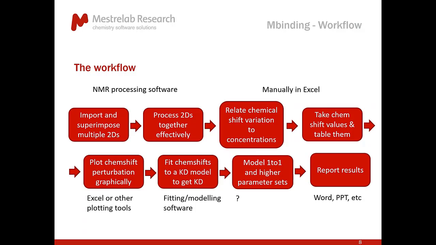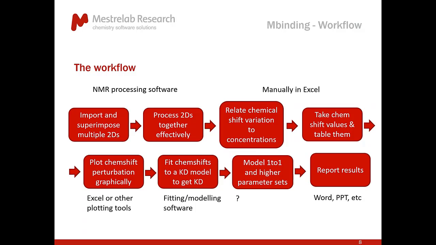Again, people will probably do the first part in Excel, and then maybe use a fitting or modeling software for the second. In some cases, you may have complex models which are not a one-to-one relation, but have higher parameter sets, and in this case, there isn't a lot of functionality out there. We have also, through collaboration with another Galician company called Affinimeter, implemented this within the software.